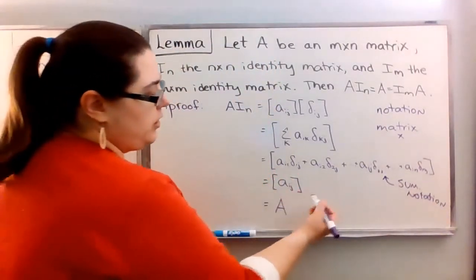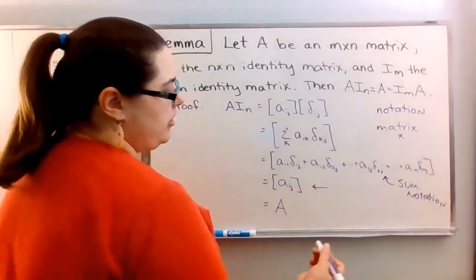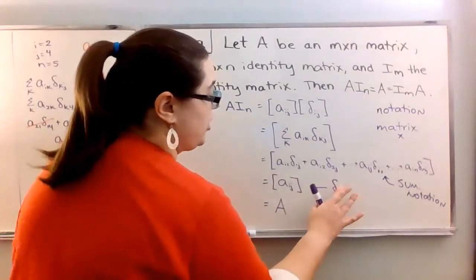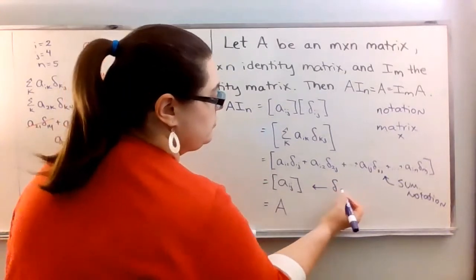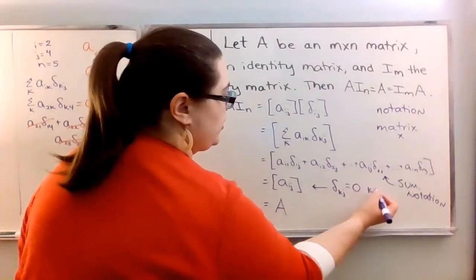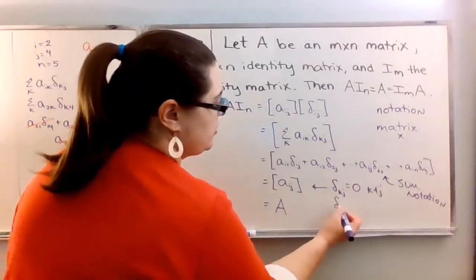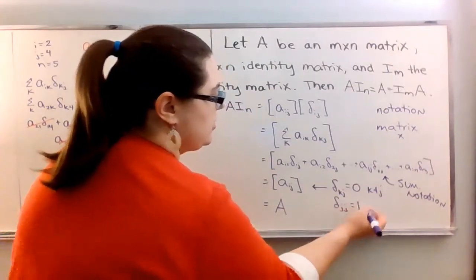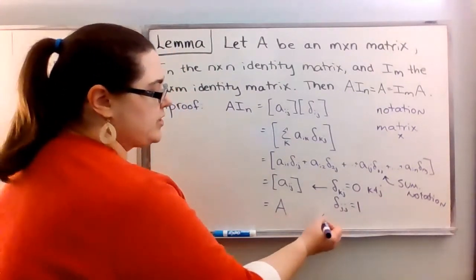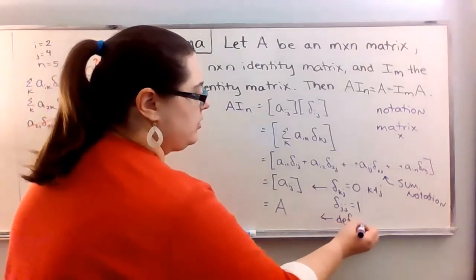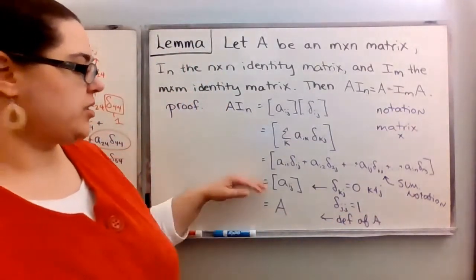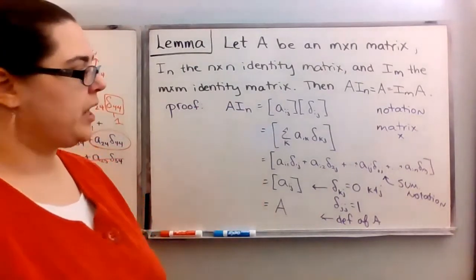For this one, the explanation could be that delta KJ equals 0 for K not equal to J, and so delta JJ is equal to 1. And then my explanation for this last line is the definition of A, since that's just our notation here.